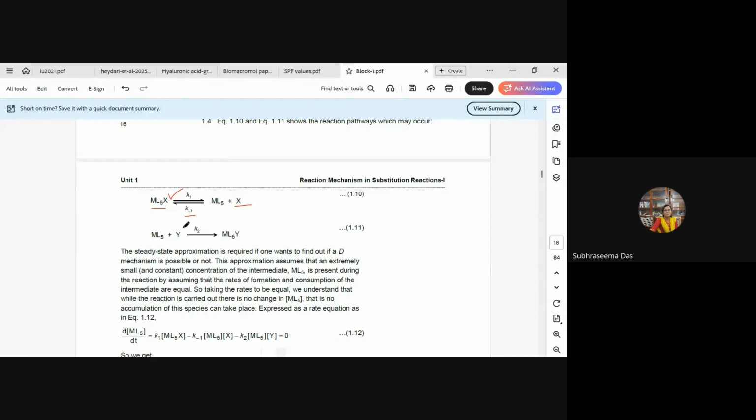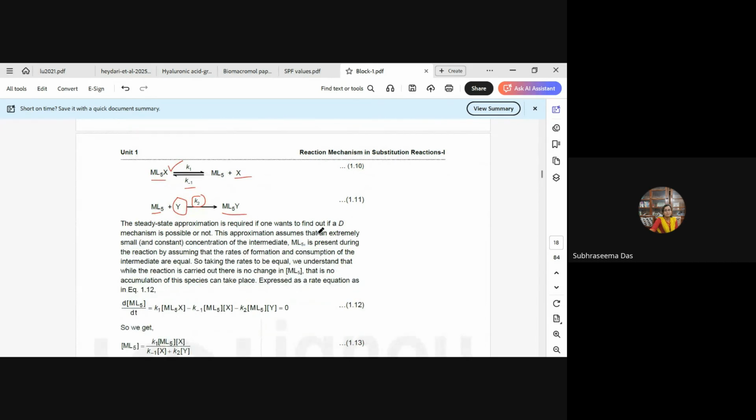Y is the new ligand that comes in. Here ML5 plus Y, K2 is the rate constant for the reaction, and it becomes ML5Y. Now to these two equations we will apply the steady state approximation. We know what the steady state approximation is. This is a part of physical chemistry.